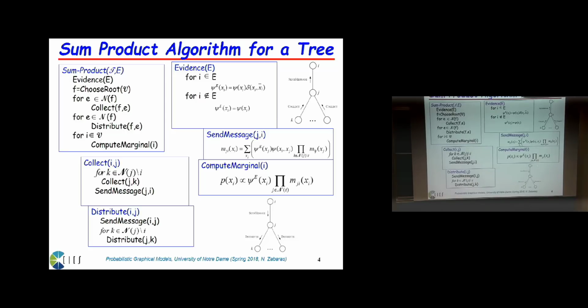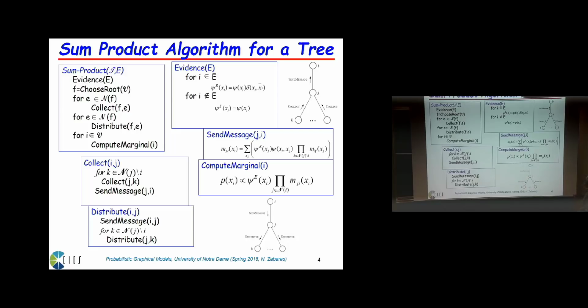Similarly, for the distribute messaging algorithm, you can see here, if all the messages arrive at the root, then you are ready to start sending messages from the root down to the children of the root, all the way down to the leaves. If you can send this message, then the distribute algorithm is to propagate it.